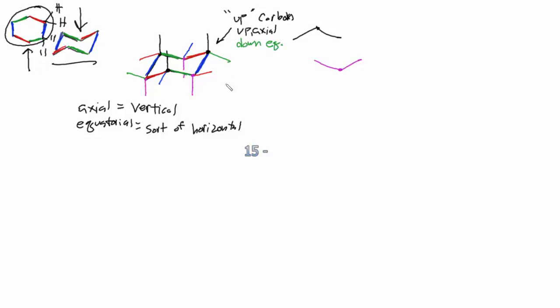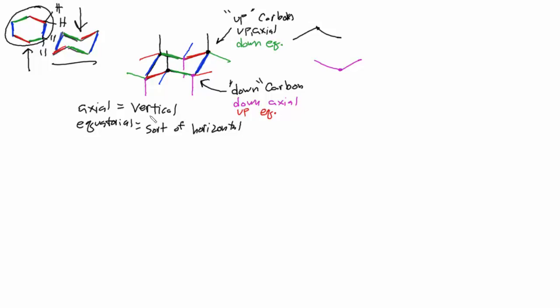And for a down carbon, we have down axial, and we have, in this case, up equatorial. And that's how we're going to draw the 12 substituents on any cyclohexane.